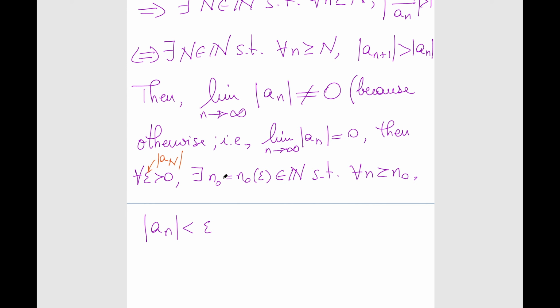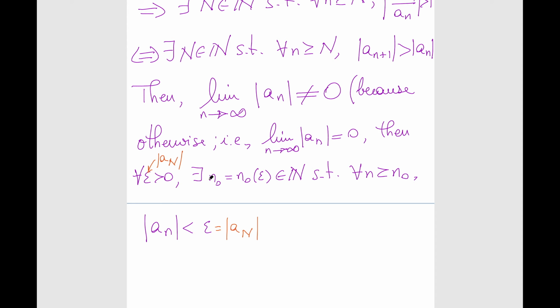As such, you're going to be able to find me an n naught that depends on this choice of the threshold, such that for any n bigger than or equal to n naught, this is going to be smaller than our choice of epsilon. And what's our choice of epsilon? It's the absolute value of a sub capital N, correct?